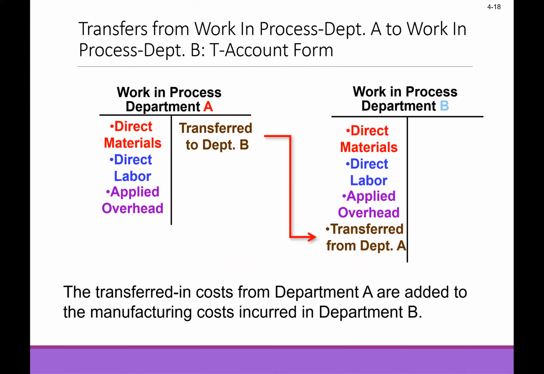When the products have been completed in one department and are then transferred into the next department, we will just show in the various sub-accounts a credit from the department they're leaving and a debit to the department they are being transferred to. The transferred-in costs from Department A are added to the manufacturing costs incurred in Department B. So they just keep accumulating.